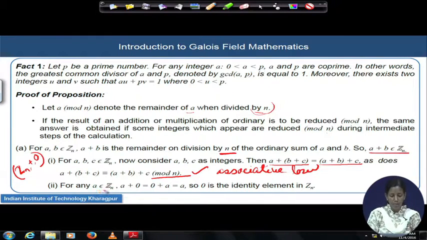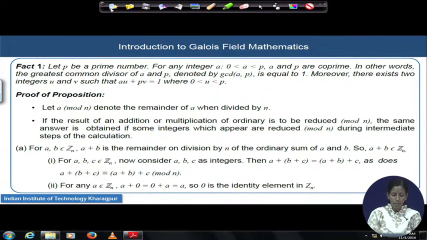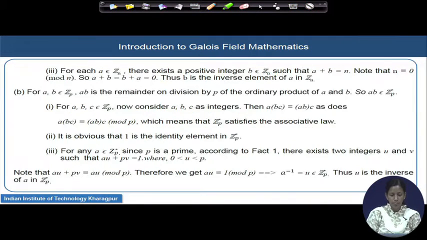Second, if A belongs to Zn, then A + 0 = 0 + A = A, of course, always. So 0 is always the identity element in Zn. So the identity element is also found.